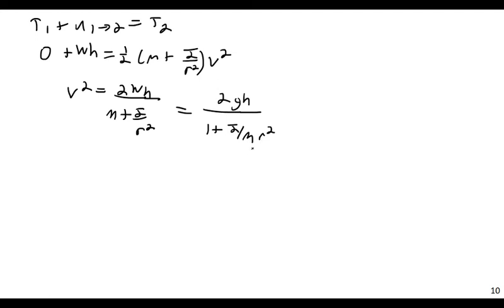So I have my equation in its final form. I can say that v is equal to the square root of 2gh over (1 plus I over mr squared).